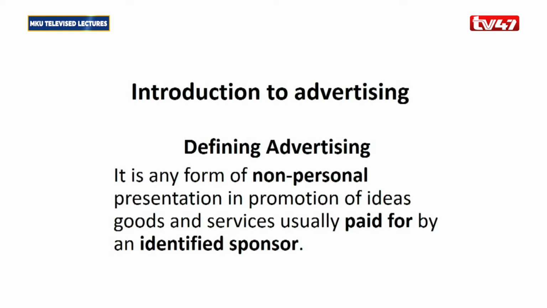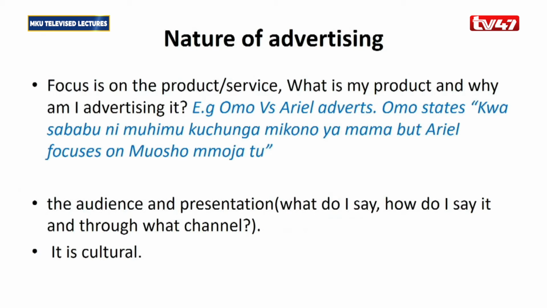So that as I'm buying your product or service, I know who to blame should the product not fulfill its promise, or I can credit the organization responsible for the product or service with the benefits I got from using it. So these three, the non-personal, the paid for, and an identified sponsor, are always emphasized when you are defining what advertising is.